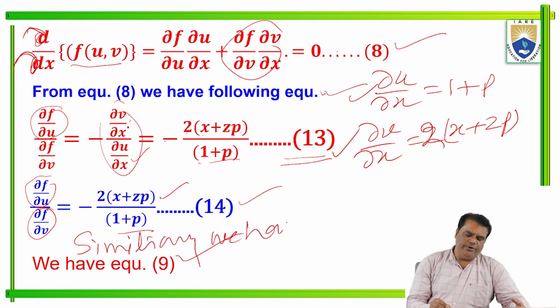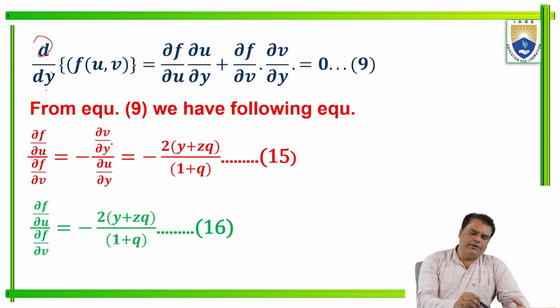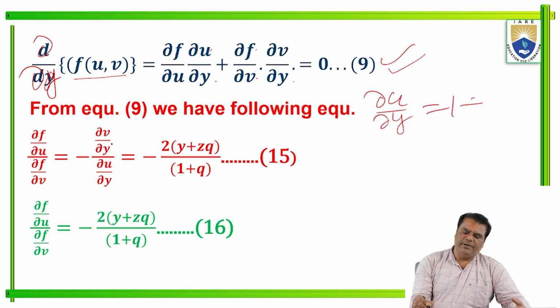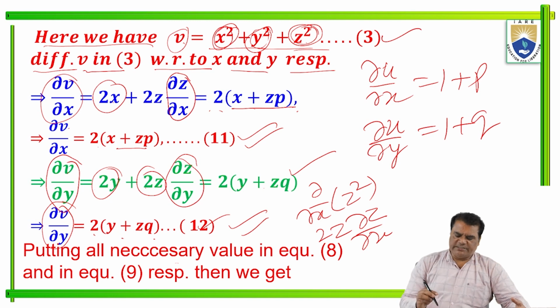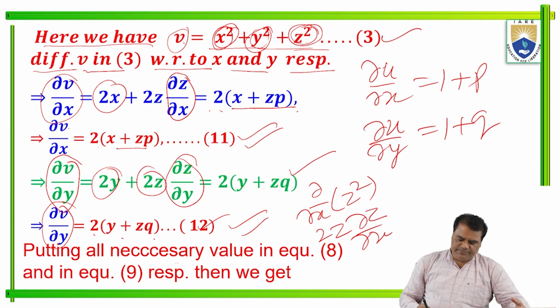Similarly, for equation 9, ∂/∂y of f(u, v), the same equation we discussed earlier, equals ∂f/∂u times ∂u/∂y plus ∂f/∂v times ∂v/∂y equals 0. Putting here ∂u/∂y is 1 plus q, and ∂v/∂y is twice of (y plus zq).